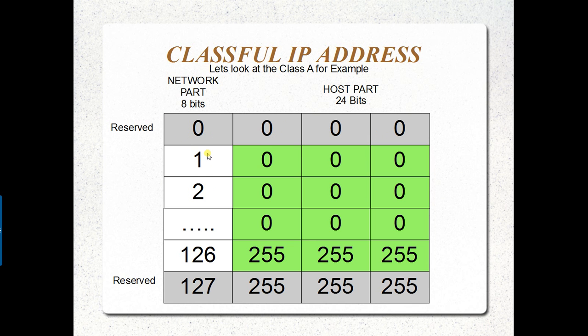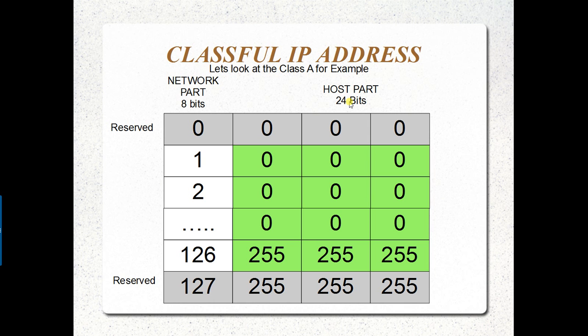Now, in a Class A, the first quadrant is used for the networks. So the number of networks you can use is based on this quadrant. The remaining 3 quadrants are the number of host bits you have that you can use for hosts like PCs, etc., whatever requires an IP address.